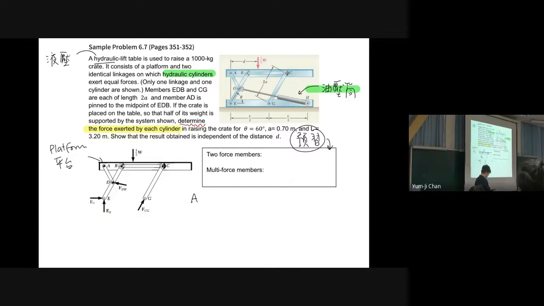And I would say, let's say this is point J. So we have AD, BDE, BC, CG, and ABJC.